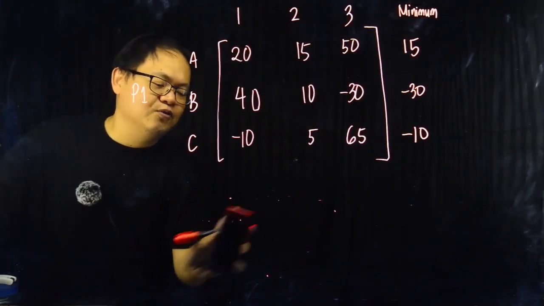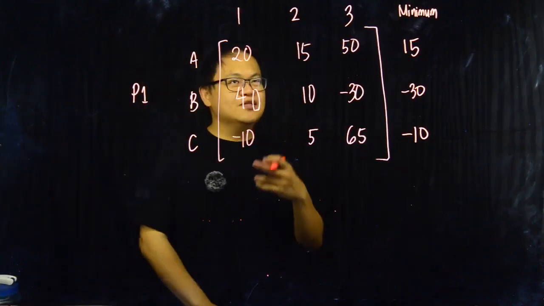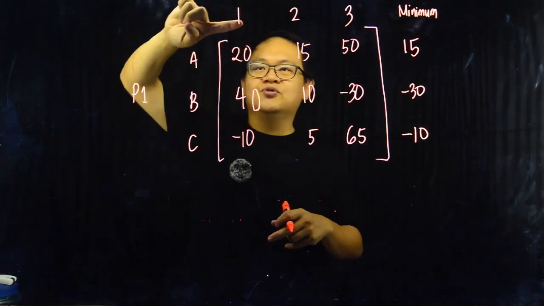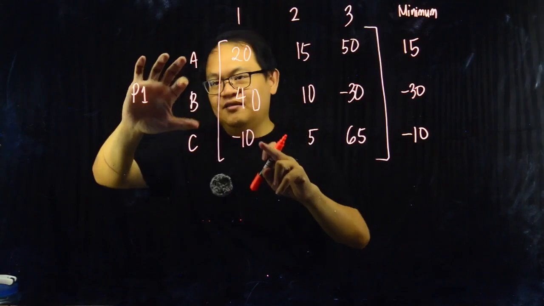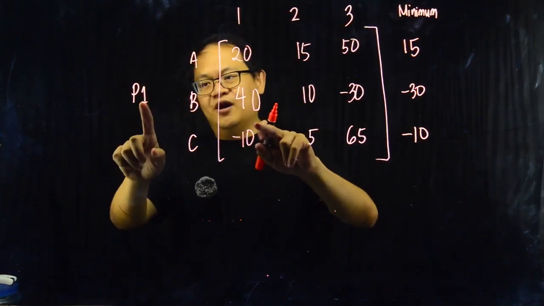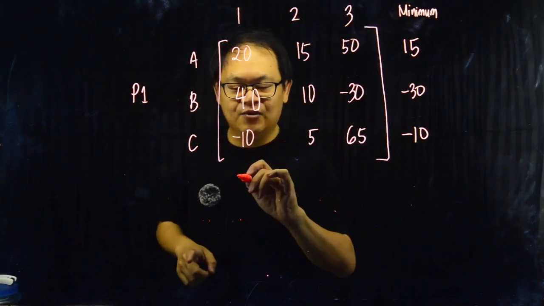After looking for the worst case scenario for player 1, you also have to do it for player 2. So what's the worst case scenario for player 2? If player 2 chooses 1, then you have the options 20, 40, and negative 10.